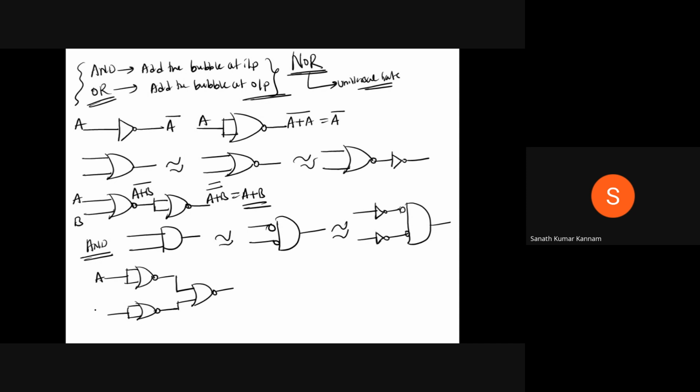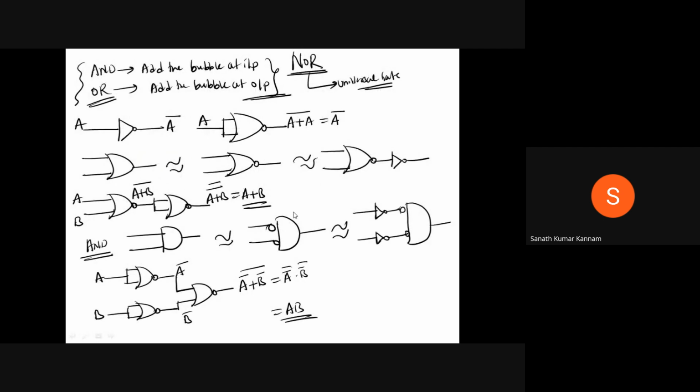So this is A bar, and this is B bar. A bar plus B bar whole bar gives A bar whole bar and B bar whole bar, so this is equal to AB. You got the AND gate. So I'm realizing all the gates by using only NOR gates.